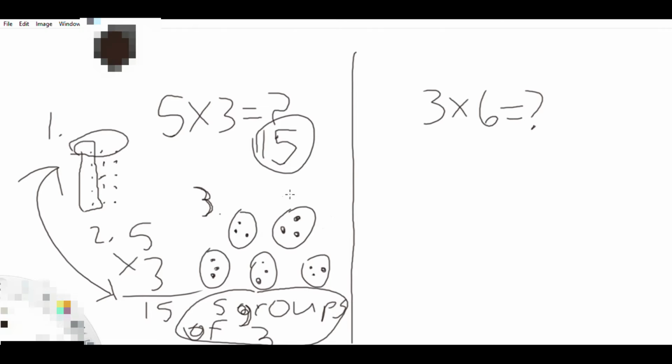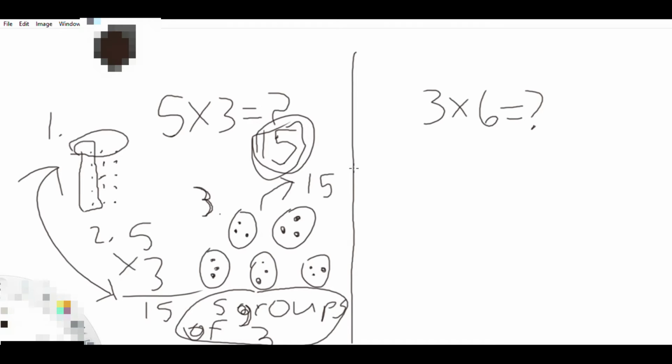So this whole thing equals 15, and there's more evidence that 5 times 3 equals 15.